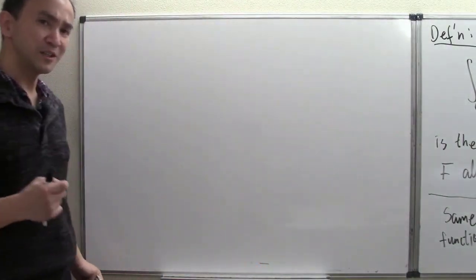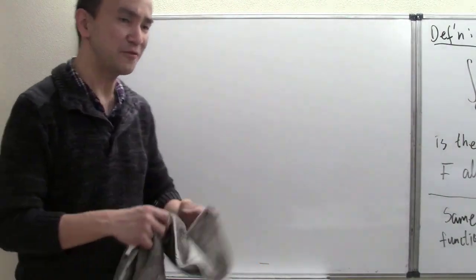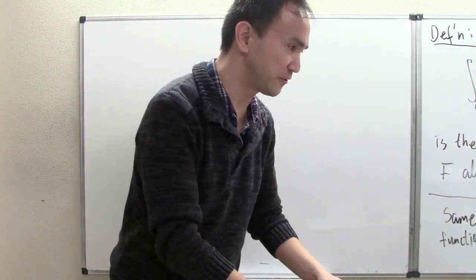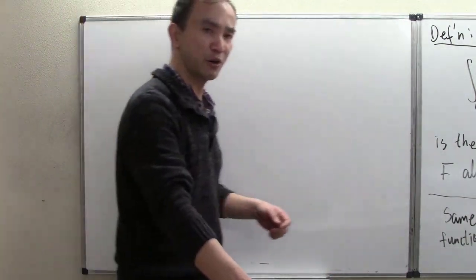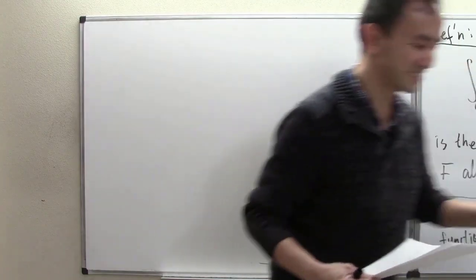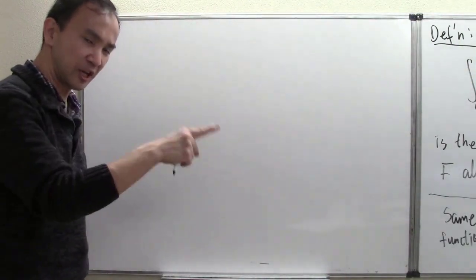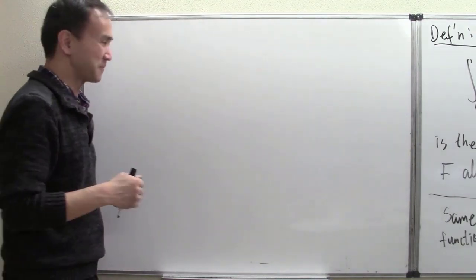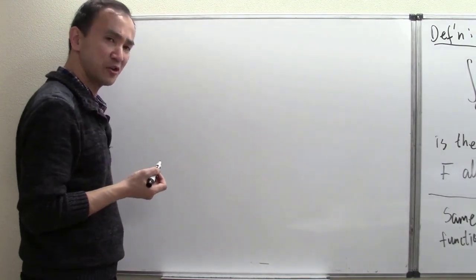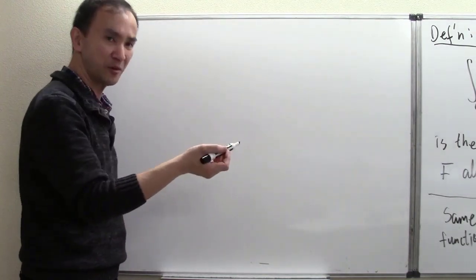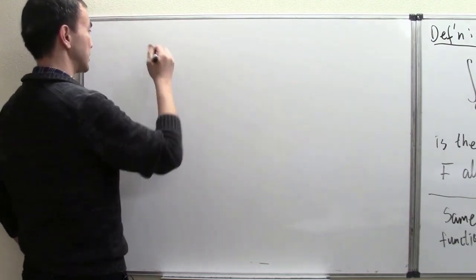Now, after you've seen the formal definition of what a line integral is, a line integral here is specifically along a vector field. Let me show you a few other forms of how it's notated.